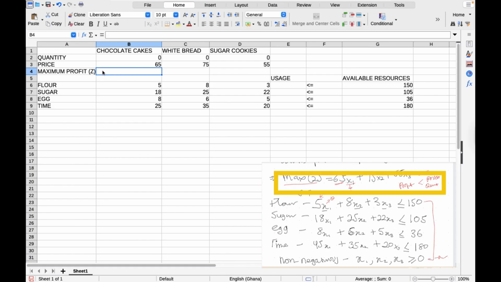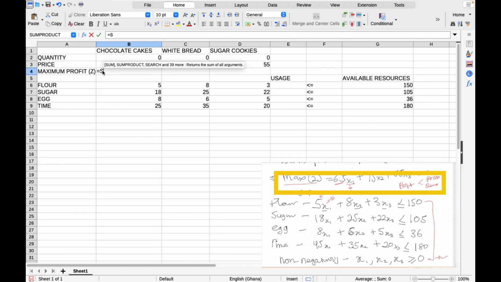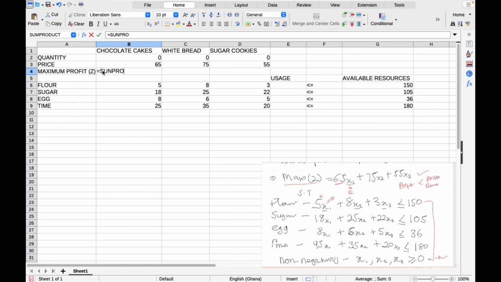So we input our formula to get the maximum profit. We said the SUMPRODUCT. Why didn't it appear? Is it because I'm writing?